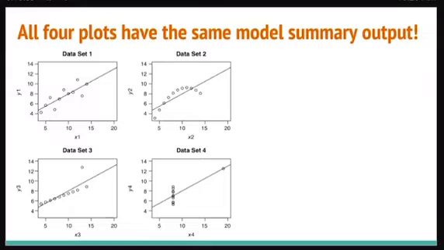Take a look at the first set of data. When you plot it, it looks on average like a straight line, even though we have some deviations, which is expected. Now, data set 2 does not look like a straight line. That's a curve. When you try to use a straight line model, you're going to be wrong.